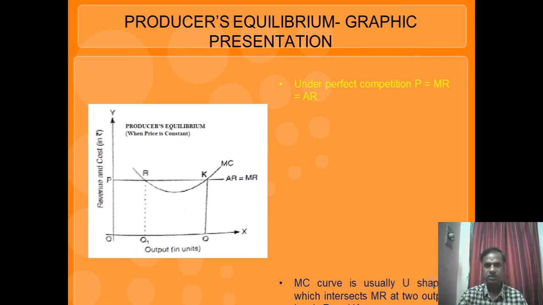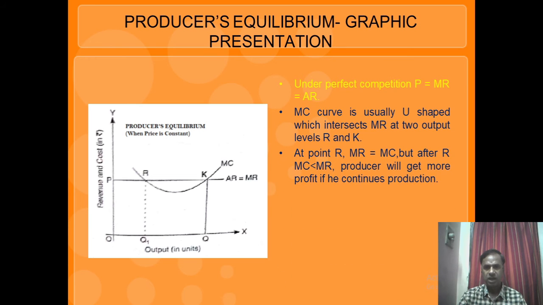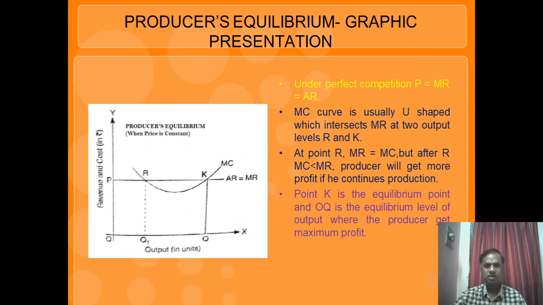Right? So this is under perfect competition. MC is U-shaped, and MR is at two levels of output. This is what we discussed. At point K only, the producer will be in equilibrium because there two conditions are met.